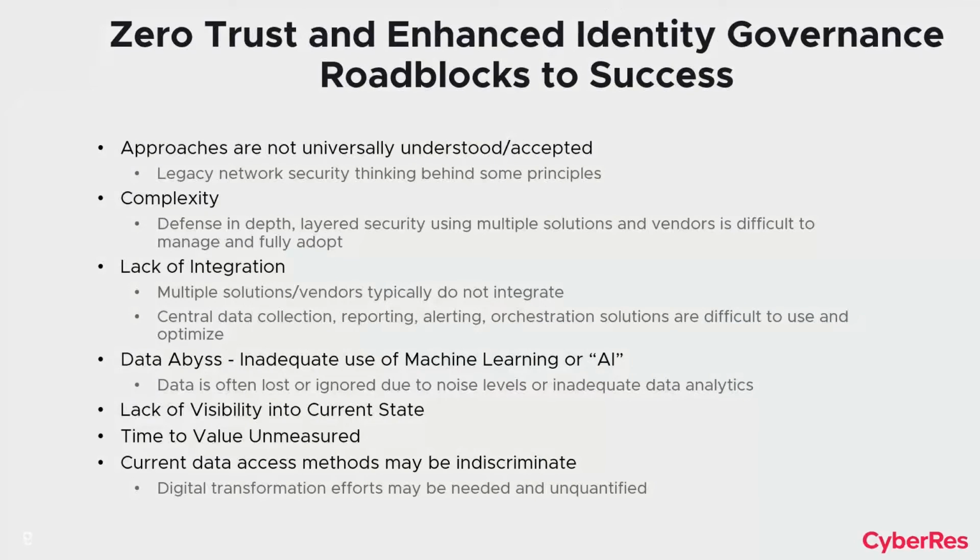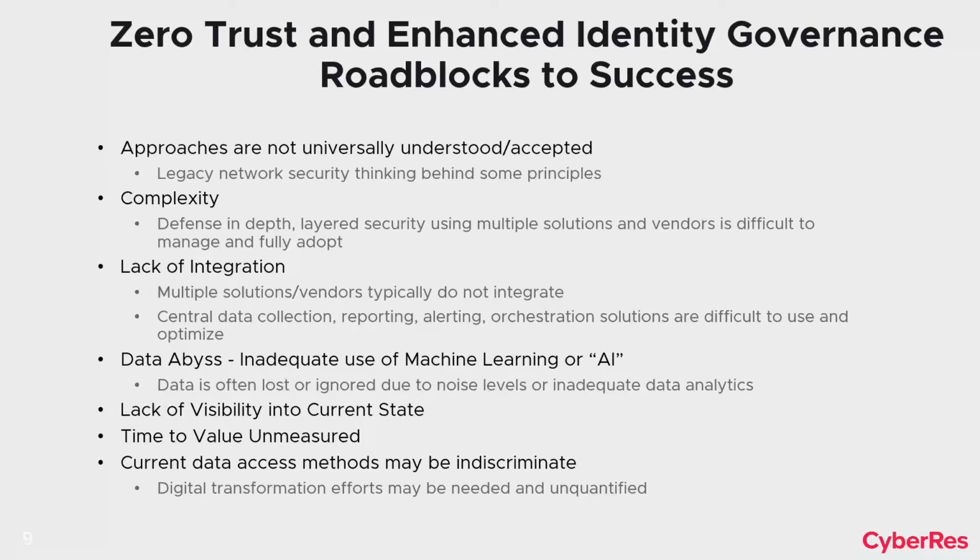And there are a lot of challenges to doing a really effective zero trust project. As we've looked at, the approaches are not universally understood or accepted. Everybody has their own idea. And quite frankly, when you read some of the documentation, you'll still see there's a lot of legacy network security thinking behind some of the principles, whereas one of the basic tenets of zero trust is we no longer trust the network. So I find that can be a problem sometimes.